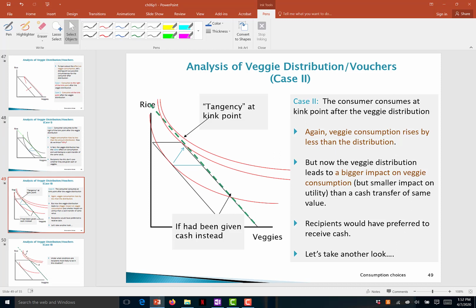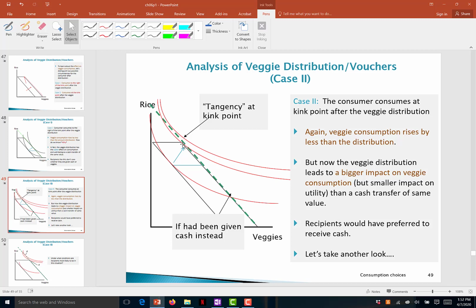However, if you have another type of consumer who doesn't value veggies as much and would like to spend money on other things, for example rice, for him that changes.